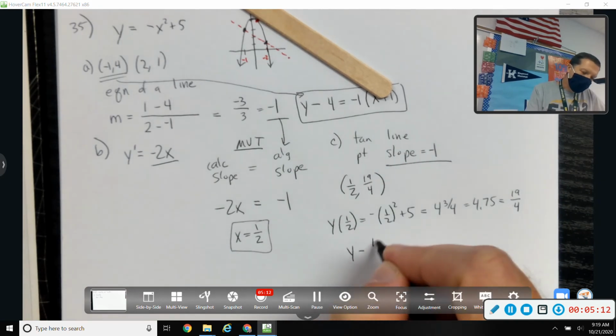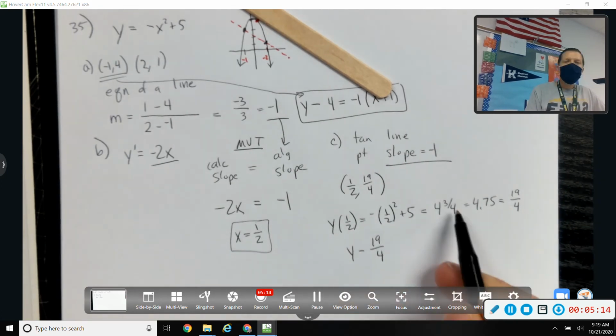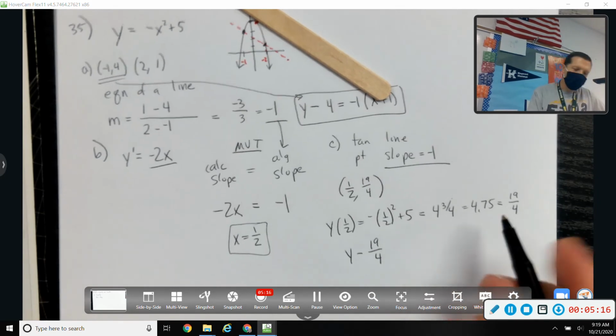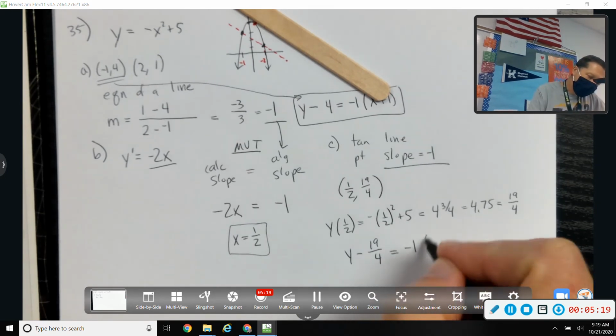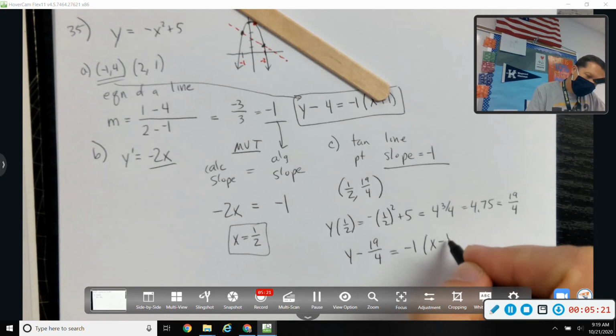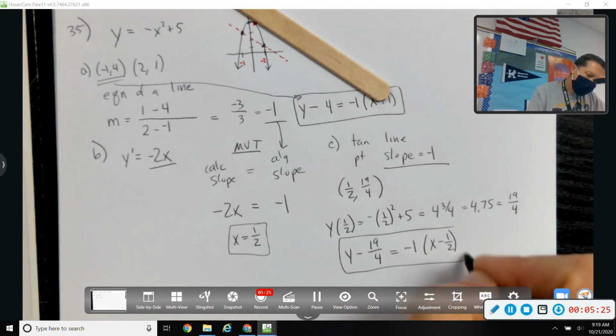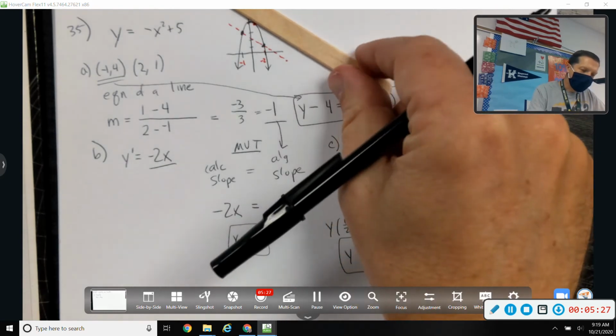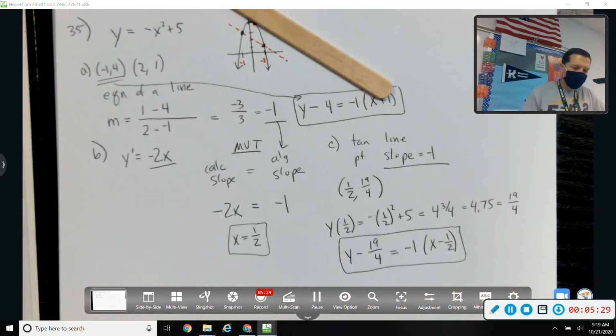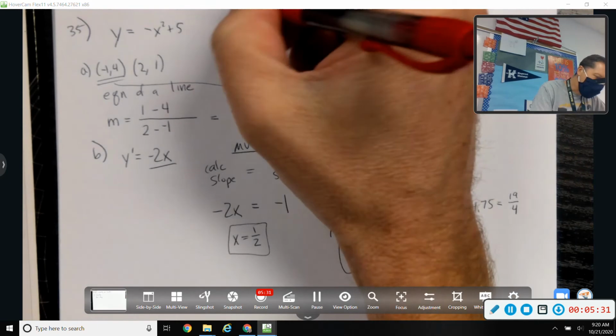So y minus 19/4, or 4 3/4, or 4.75, equals -1 times x minus a half. That's the equation of the tangent line at 1/2.